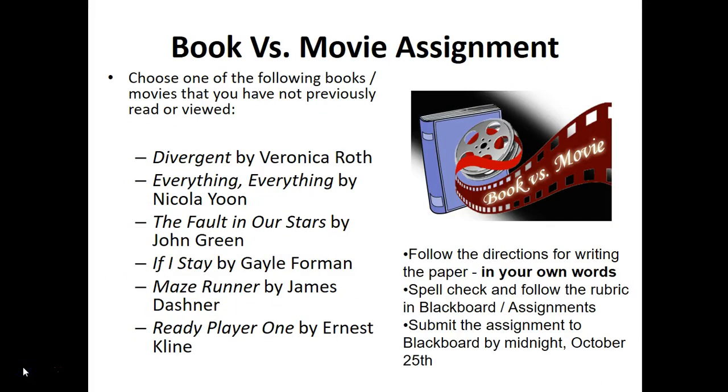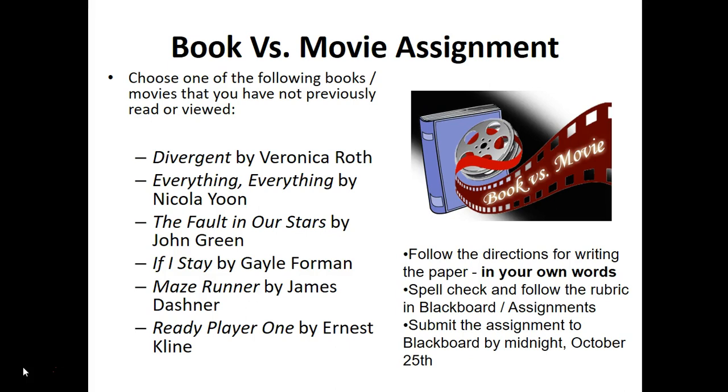I'm looking kind of far ahead at the book versus movie assignment, but you're going to choose one of the following books and movies that you have not previously read or viewed. Divergent by Veronica Roth, Everything, Everything by Nicola Yoon, The Fault in Our Stars by John Green, boo-hoo, that made me cry, If I Stay by Gayle Forman, Maze Runner by James Dashner, and Ready Player One by Ernest Cline.